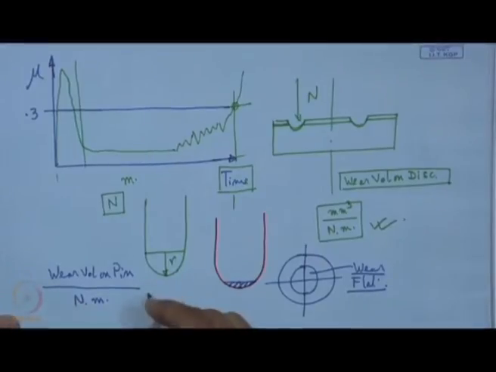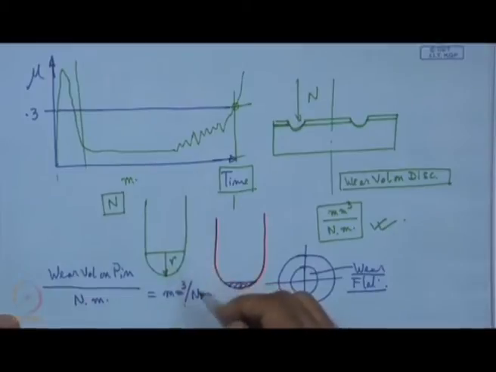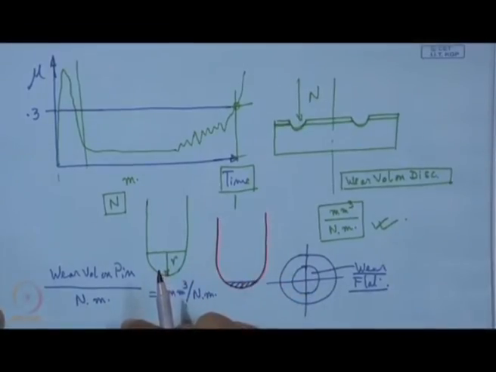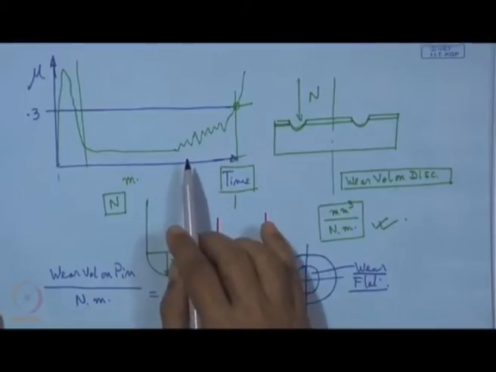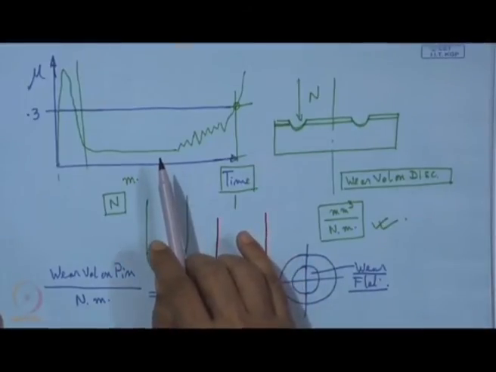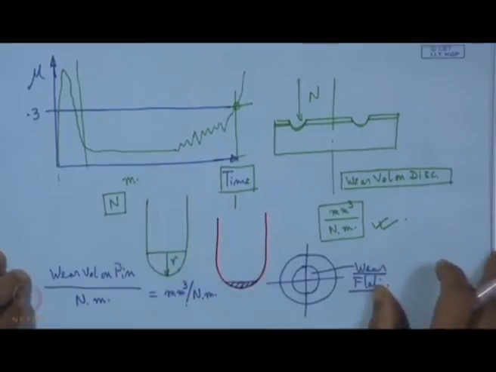So, wear volume is given in millimeter cube per Newton meter of distance travelled and normal load. From this we can have a fair assessment of the wear performance or wear resistance, and at the same time the friction. So, this is one of the things one has to look into.